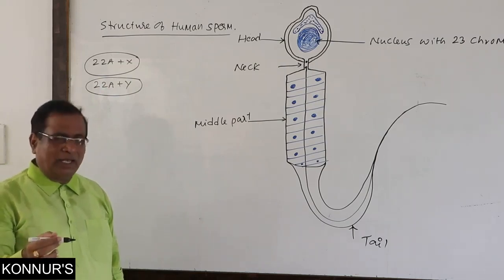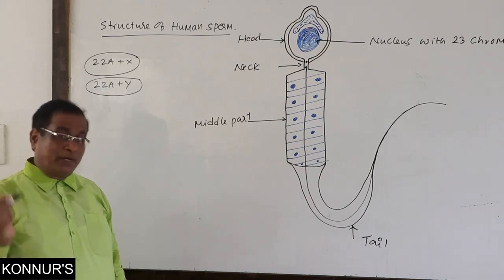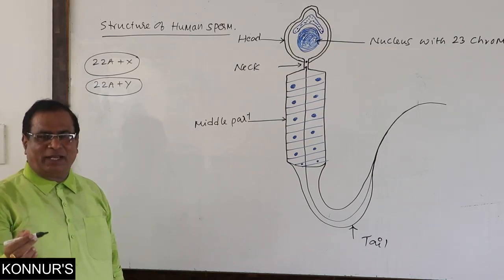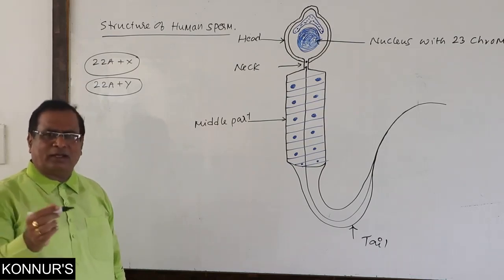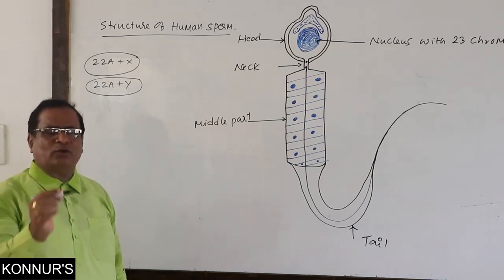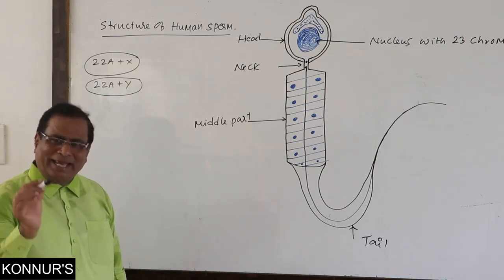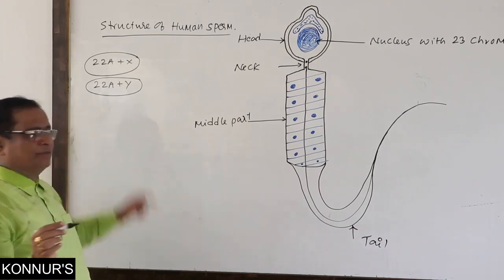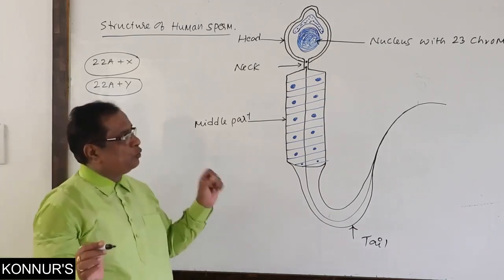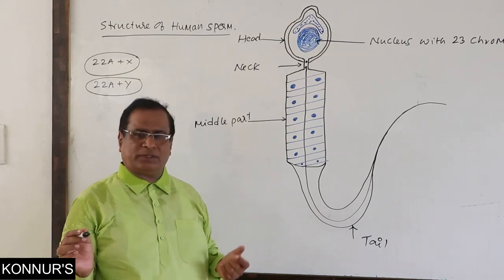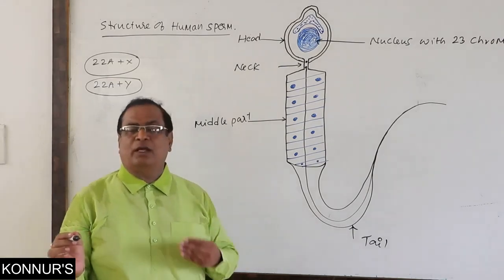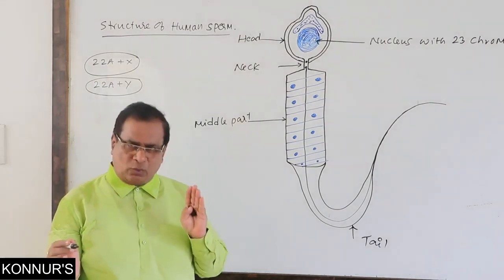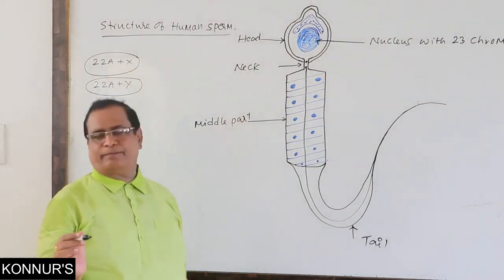Human females are homogametic, where almost all the female gametes are having 22 autosome and X. There is only one kind of gametes there, but here two types. And a nucleus with 23 chromosomes: 22 autosome plus X or 22 autosome plus Y.